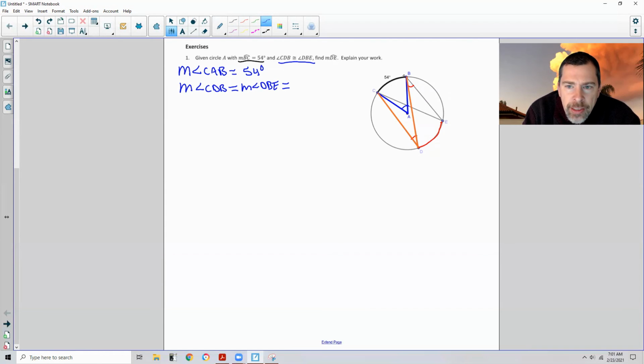So notice CEB, which is congruent to CDB, share that intercepted arc of 54 degrees, and half of 54 is 27 degrees. So this is 27, this is 54, and this is 27.